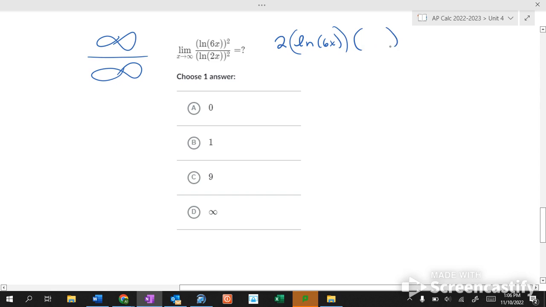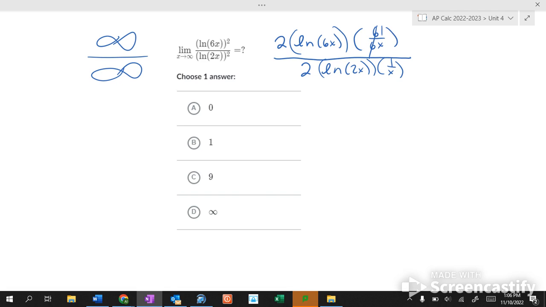What's the first derivative of the ln of 6x? 6 over 6x, which is 1 over x. Same thing on the bottom. 2 ln of 2x times 1 over x, because it's 2 over 2x. Right? I think that's right.